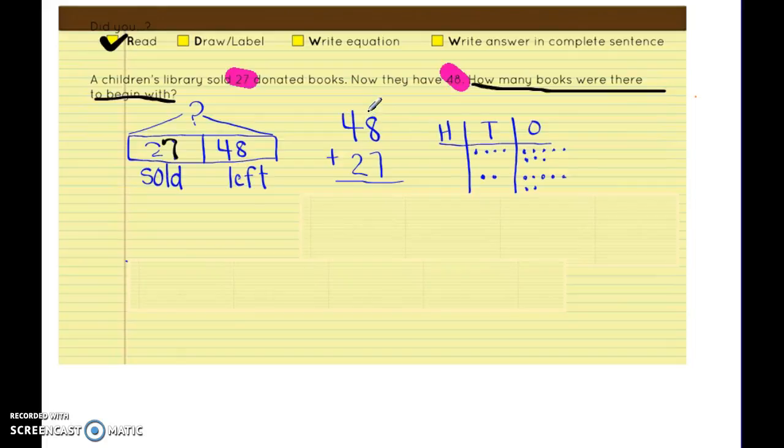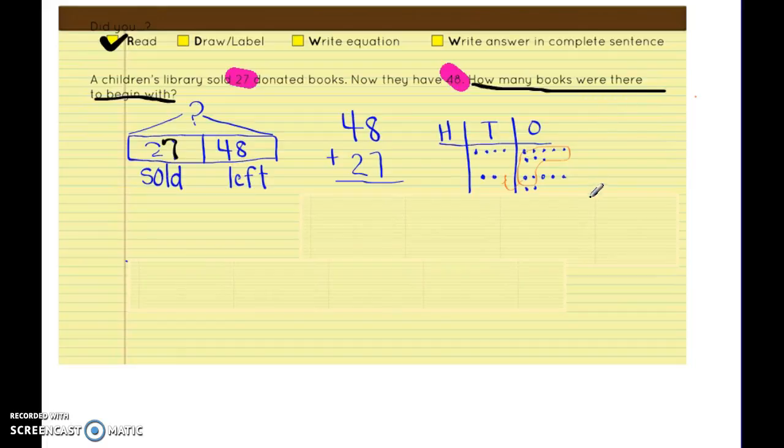When I look at the ones place, I know that 8 plus 7 is going to be more than 10. And I know that if I have 8, all I need will be 2 more to make a 10. So I'm going to go ahead and circle this 8 and then the 2 more to make 10. I'm going to move that 10 over to the tens place to give me a new unit of 10.